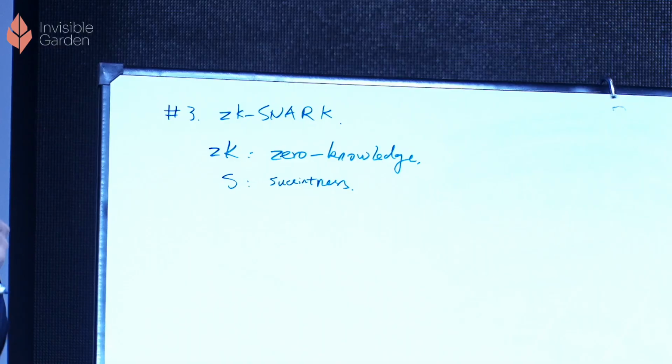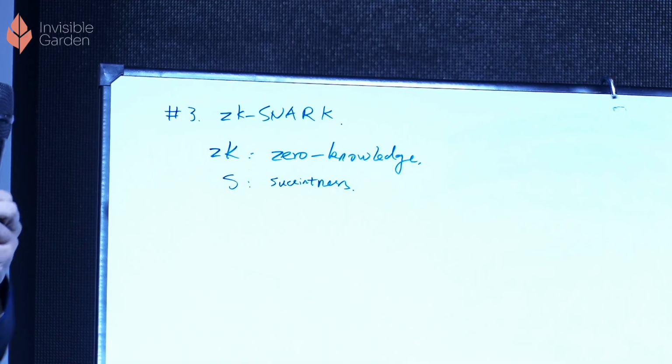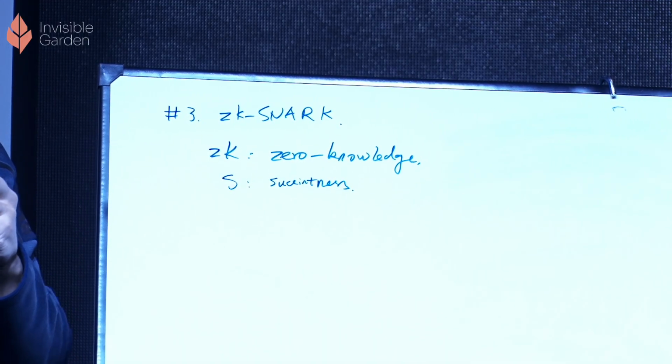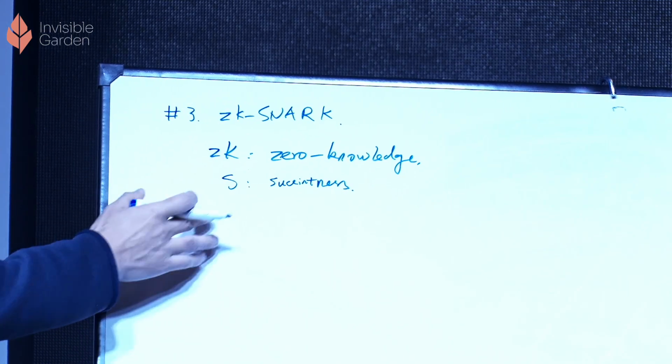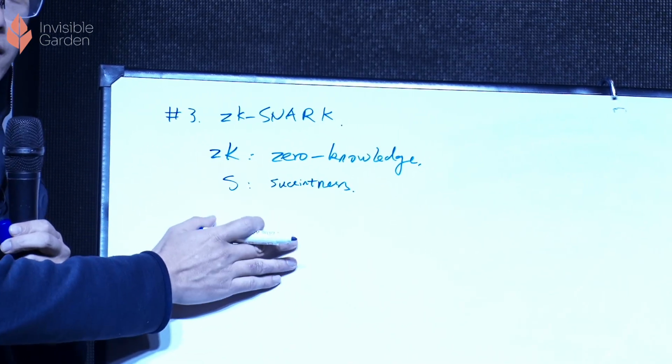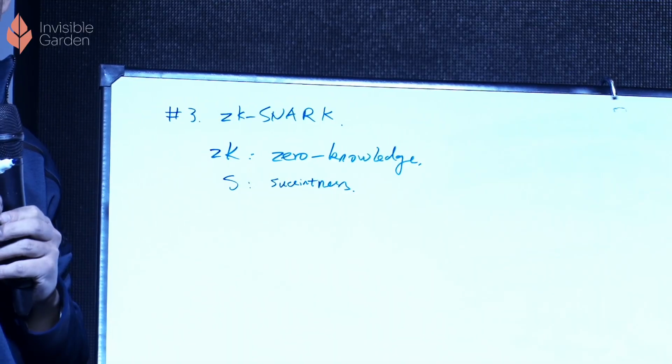It means that the proof size is smaller than the size of the problem. For example, the size of the proof is smaller than the size of a circuit.